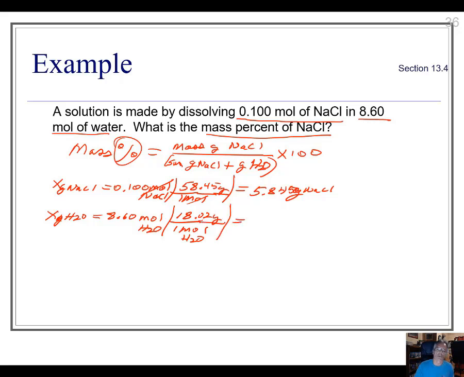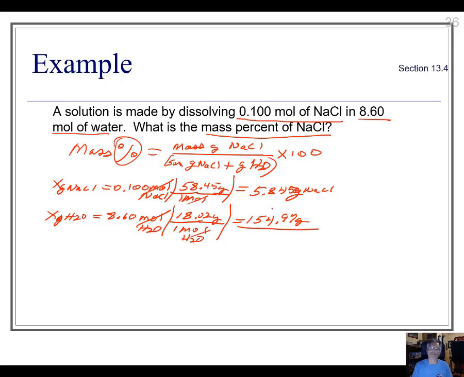And when I multiply that one I can't do in my head. That's going to be 8.6 times 18.02. I wind up with 154.97 grams.